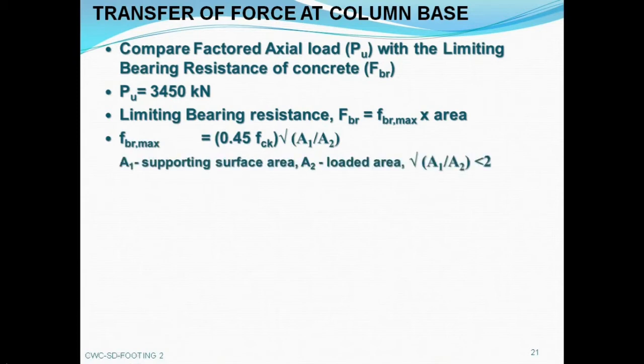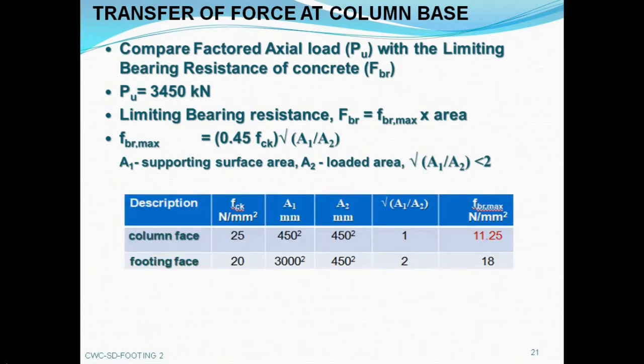Here, A1 is the supporting area, A2 is the loaded area, and the value of root A1 by A2 should be less than 2. If we are getting more than 2, we have to consider the value as 2. In this case, at the column footing interface, we have to consider column face as well as footing face.